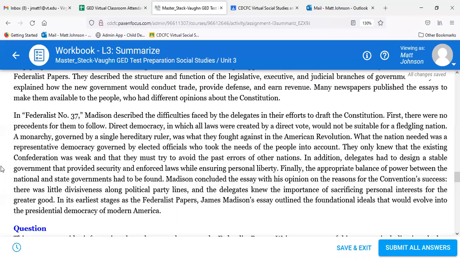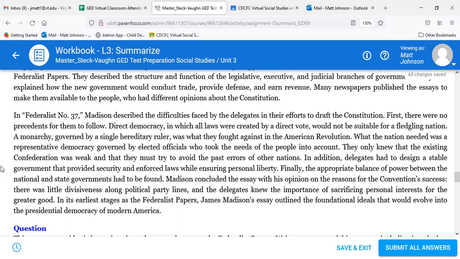What do we need to add? We can say that in Madison's essay, he encourages support for the Constitution. Yeah. So we could talk generally about the Federalist Papers, right?